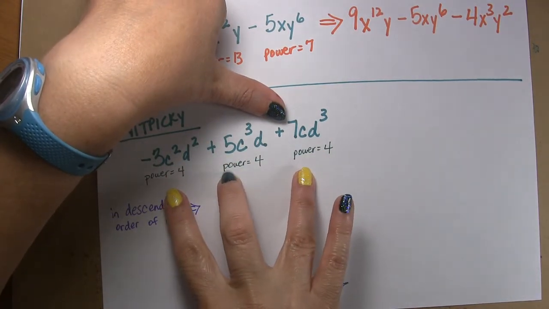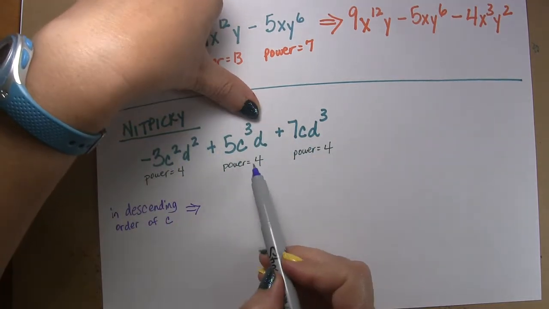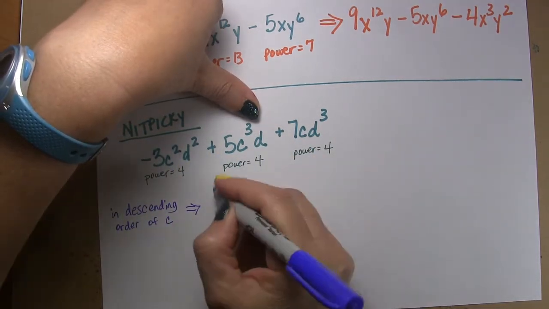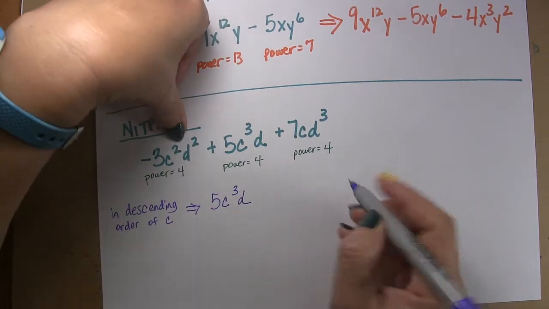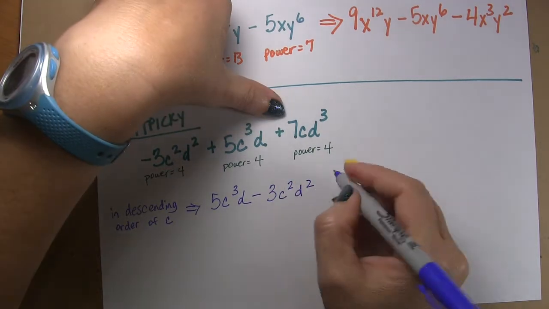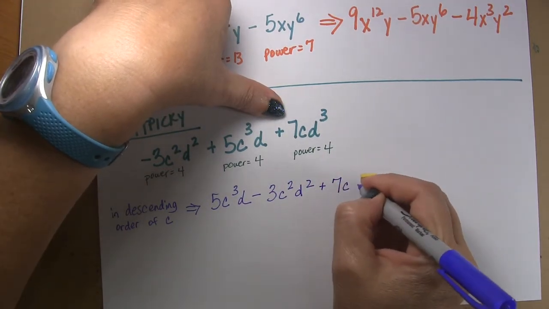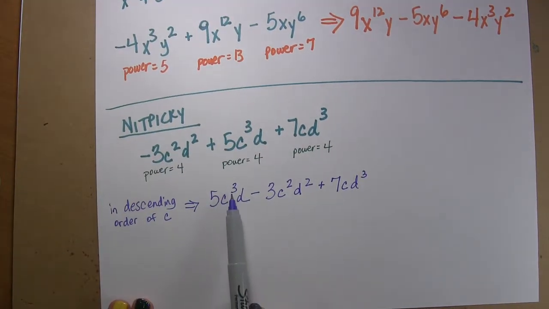These all have the power of 4, so these are all technically the same level, but inside that level, we would first do this one, 5c to the 3rd d, then this one, minus 3c squared d squared, then this one, plus 7cd to the 3rd. So now we're counting down our c's. This is c to the 3rd, this is c squared, this is c to the 1.